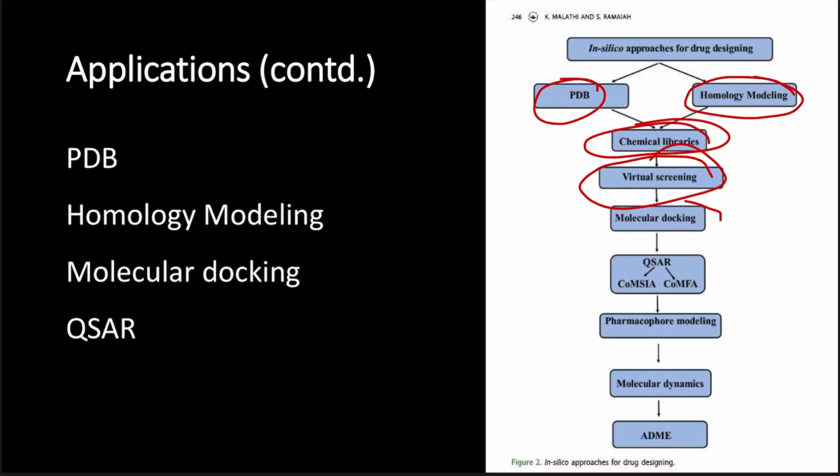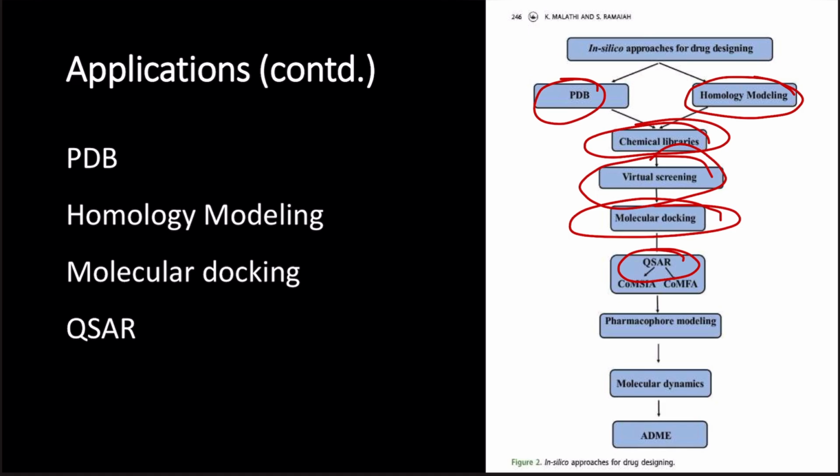Then we do the process of molecular docking, in which we try to fit one molecule into the enzyme's active site or the protein's active site, and then we do QSAR, that is quantitative structure activity relationship, which basically analyzes the biological effect by the physiochemical property of the interaction between two molecules in molecular docking.